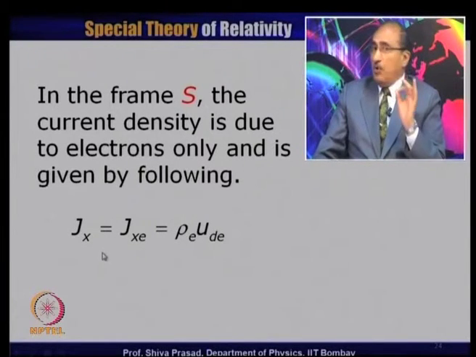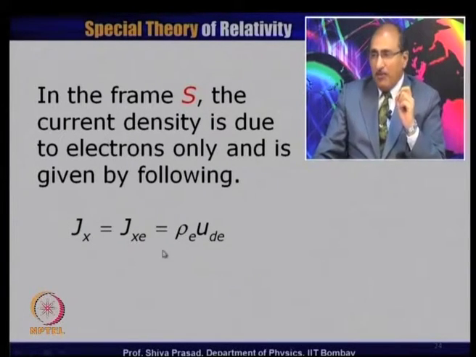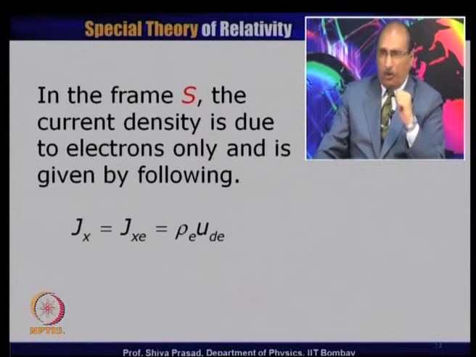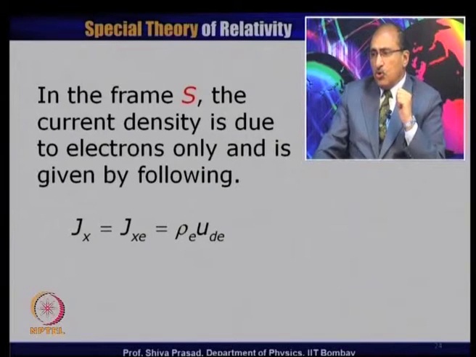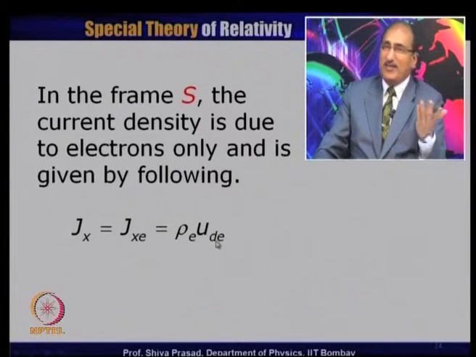As we have said, because positive charges are immobile, this Jx is solely because of JXE, and that will be given by rho E multiplied by the drift velocity of the electrons or negative charge carriers. Negative charge carriers, we mean electrons. So, this is given as rho E times UdE, where rho is the charge density and Ud is the drift velocity. We have already defined this, it is exactly the same thing.